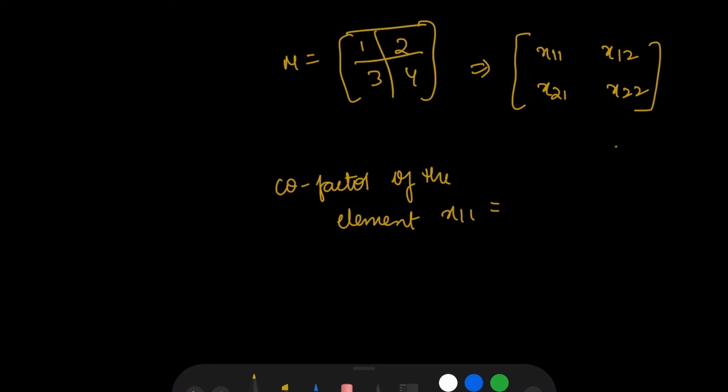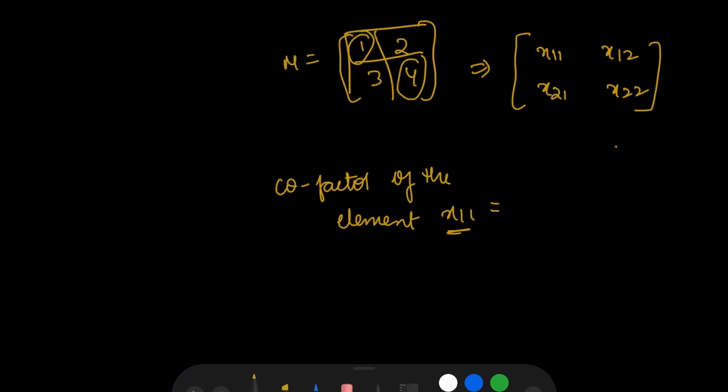You'll have to ignore the row and the column at which the element is present, and the rest of our matrix will be the cofactor matrix. Here, since you have only one element, this element will be the cofactor of x11. This is only in the case of a 2 cross 2 matrix.